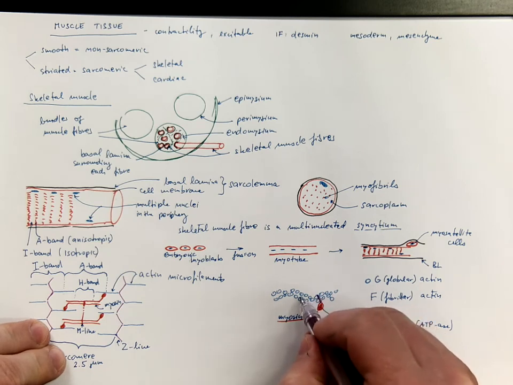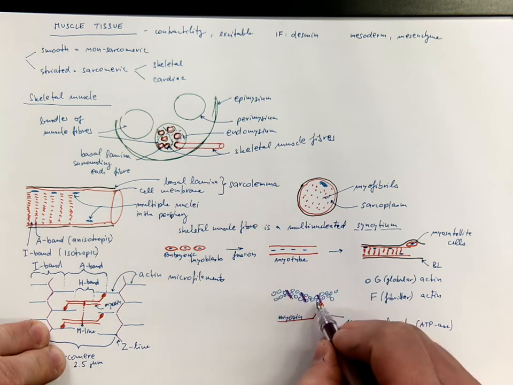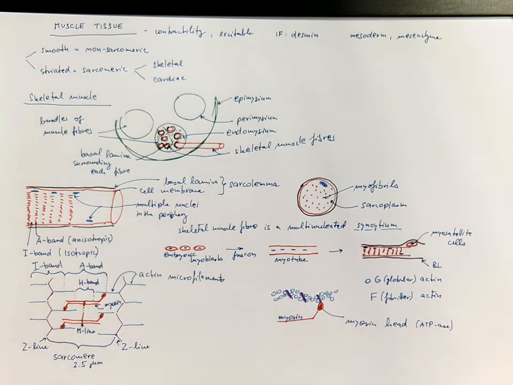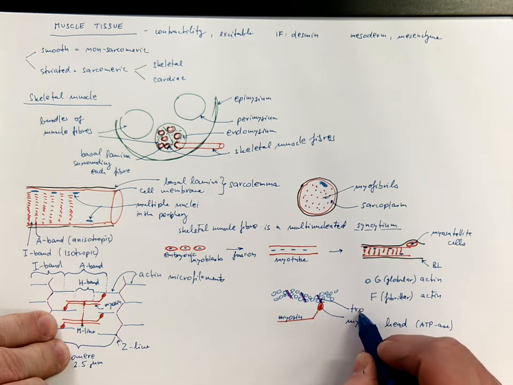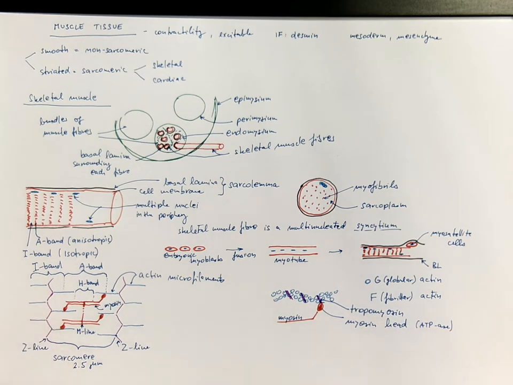It's blocked by another protein that is wrapped around the actin like a ribbon, and this blocking protein is called tropomyosin. So the myosin cannot bind directly to actin as long as this interaction is blocked by tropomyosin.